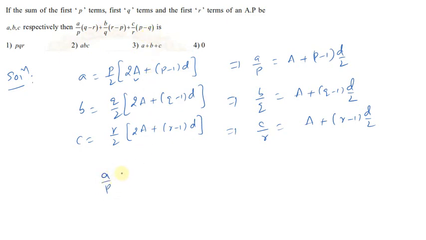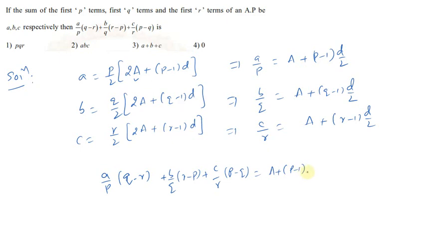So A by p into q minus r plus B by q into r minus p plus C by r into p minus q is equal to, A by p we already know, a plus p minus 1 into d by 2.